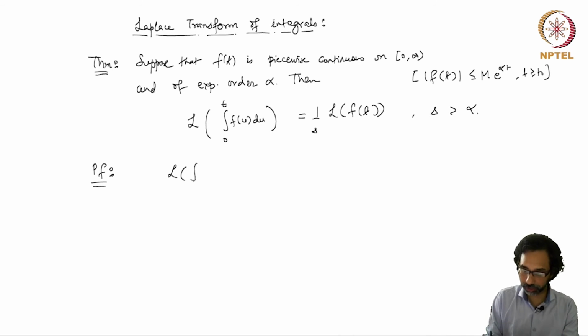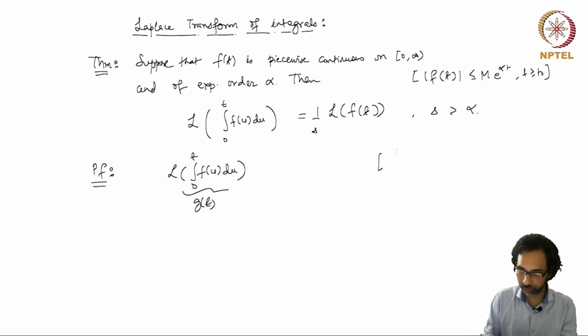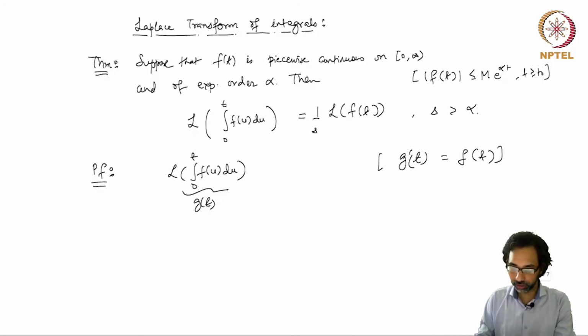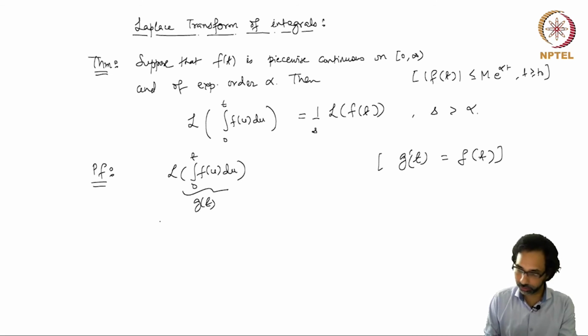So the Laplace transform of the integral from 0 to t of f(u) du, we have to compute this. Note that, let me call this g(t). So the derivative of g(t) is simply f(t). So we can use the derivative formula.